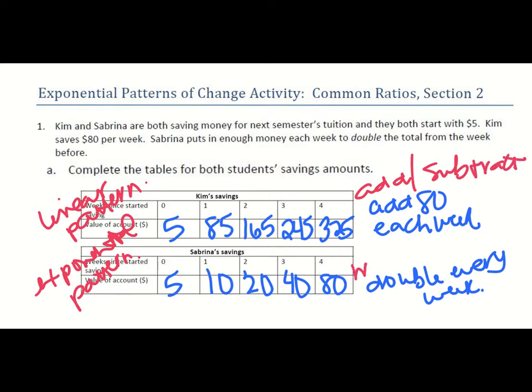And when you multiply or divide, that's exponential. Okay, maybe I jumped the gun a little bit, but it says one of the plans follows a linear pattern of growth. Which one? And so Kim's plan.